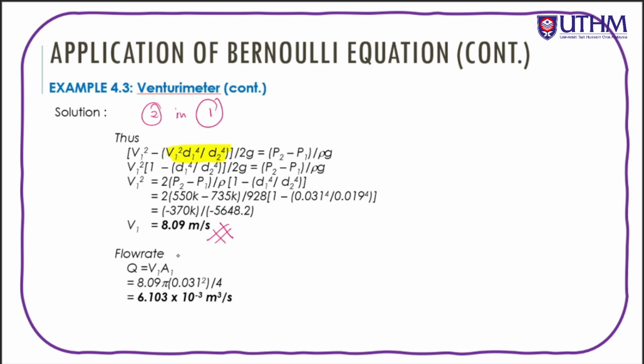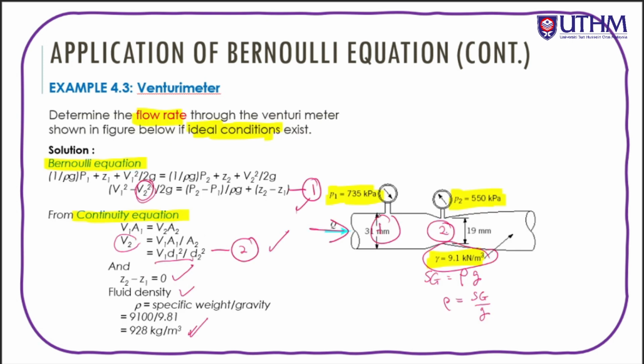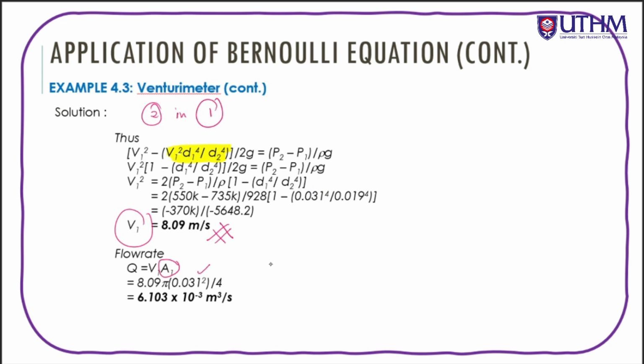And then based on the flow rate, we already know V1, so we get the value of A1, which as I said earlier is the cross sectional area here. It has a diameter of 31 mm, so it is πr squared or πD over 2 squared. Okay, so replacing this, we get the flow rate equals 6.103 times 10 to the power of minus 3 meter cube per second.